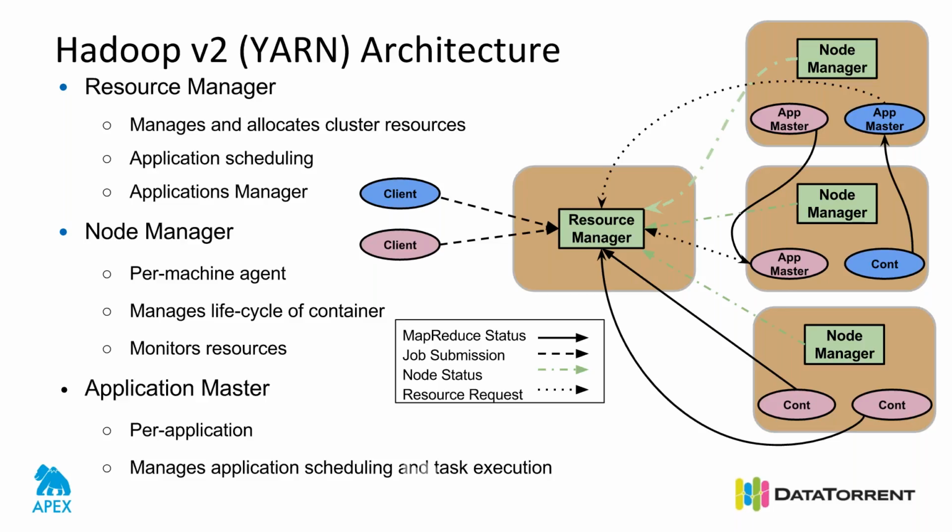All that will be managed by a node manager, and it also monitors the containers when it launches them. It keeps communicating its health to the resource manager. That's how a resource manager can keep track of all resources in the cluster.